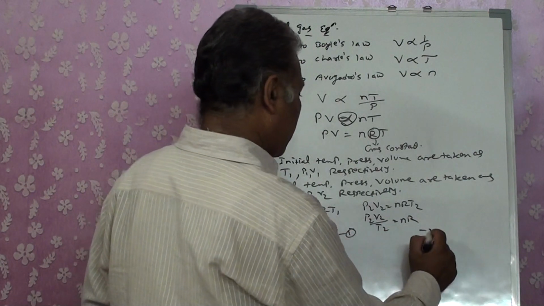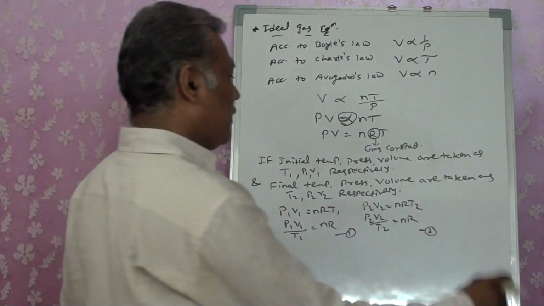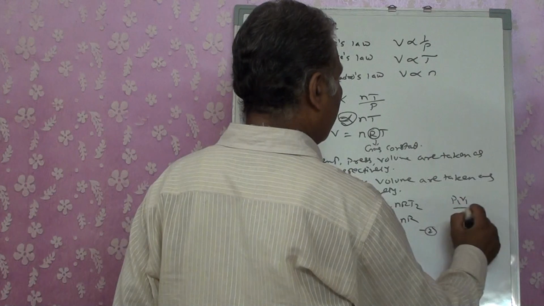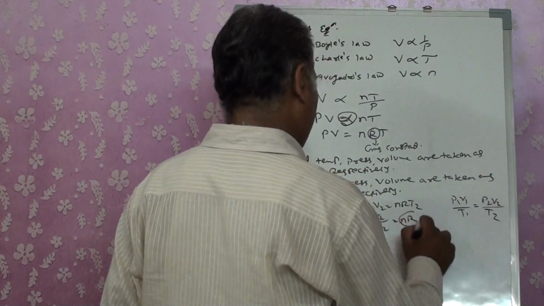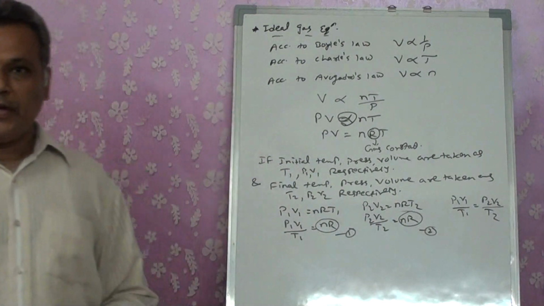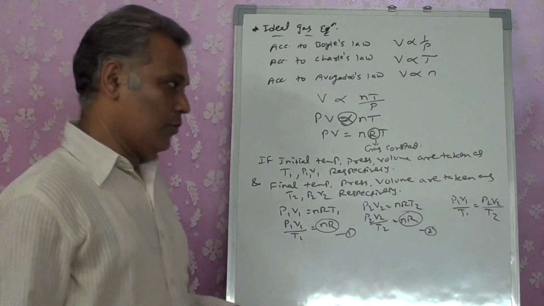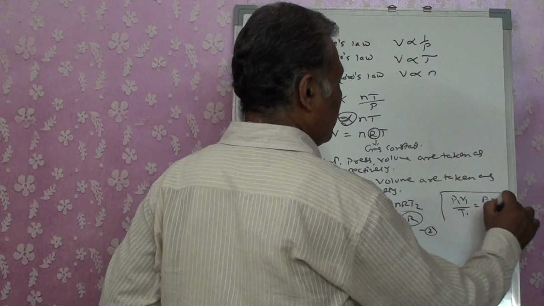From this first and the second equation, if we compare these two equations, can we write P1 V1 upon T1 is equal to P2 V2 upon T2, because both of them are representing the nR value, that is a constant. So we get the equation P1 V1 upon T1 is equal to P2 V2 upon T2.